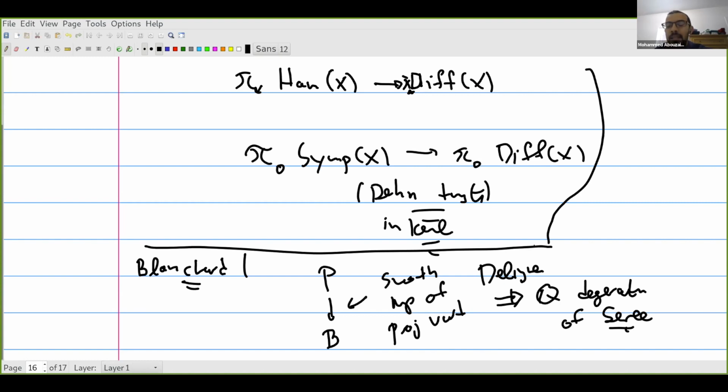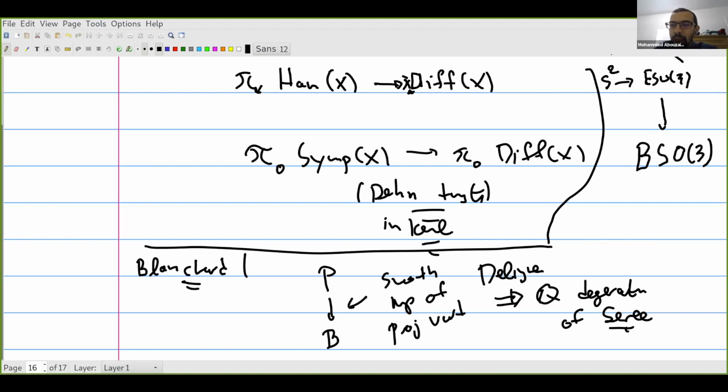I'm not making a statement because there is a counterexample, and the counterexample is already on S2. If you take the universal fibration over BSO3 with fiber S2, then SO3 clearly maps to Ham of S2.